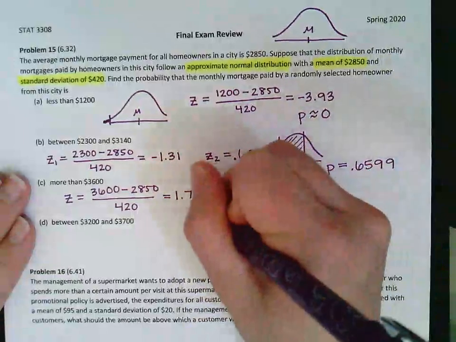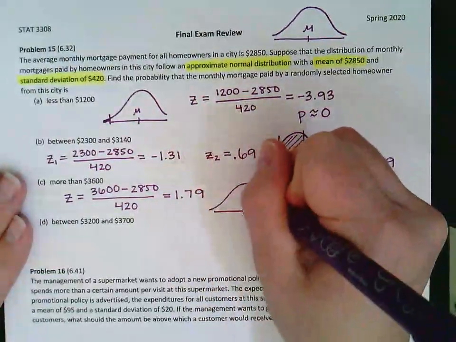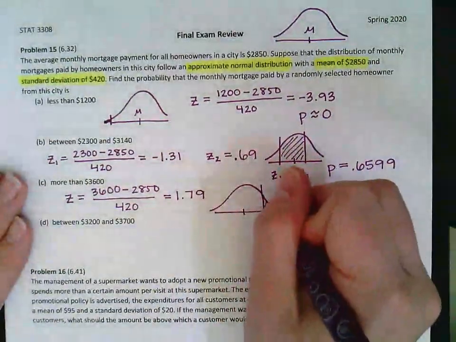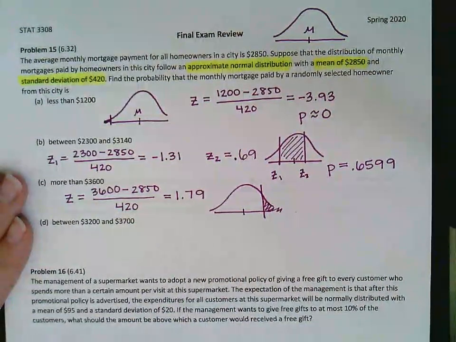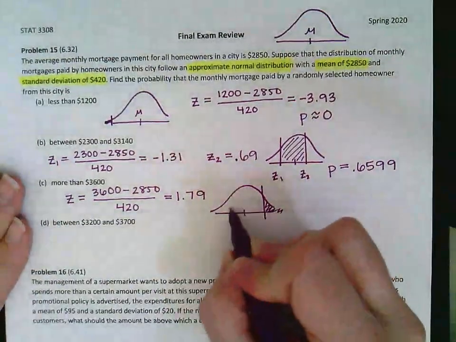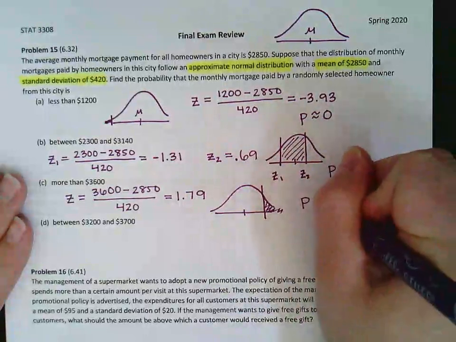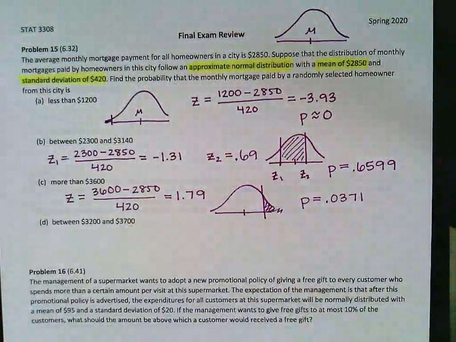So if I look at my distribution, here's the middle. 3,600 is 1.79 standard deviations above the mean, and I'm looking for more than, so I want that right-hand side. Now be careful when you go look in your table, you're going to get something that's about 96%. Remember, that's the left-hand side always in that table. You want the right-hand side, which gives us 0.0371.